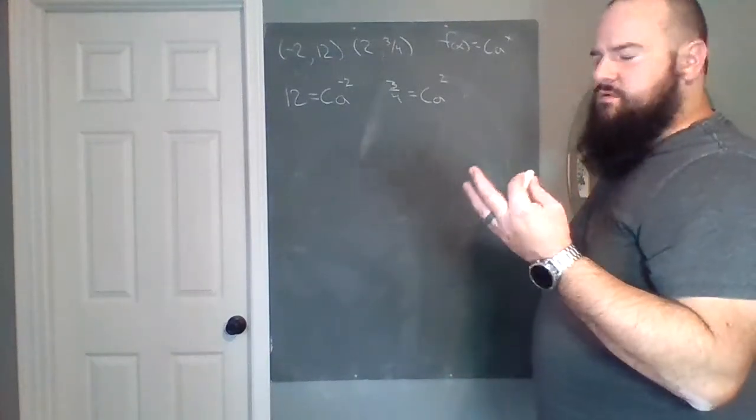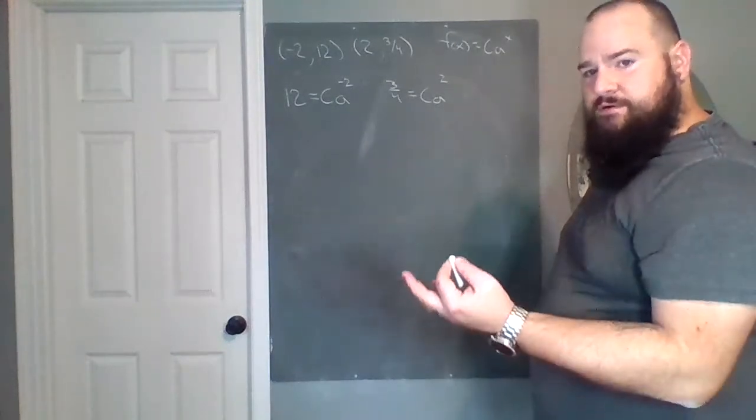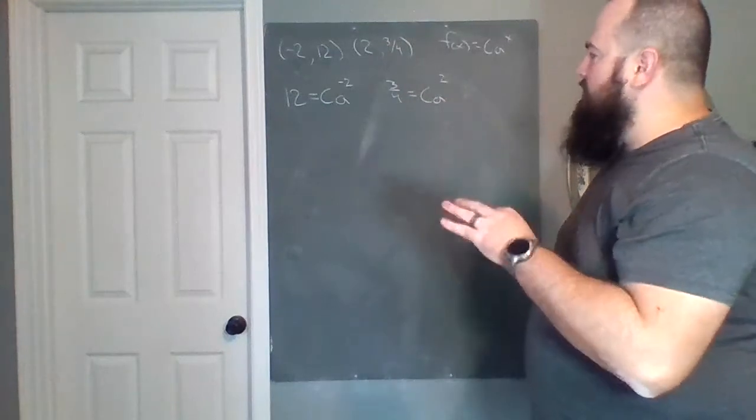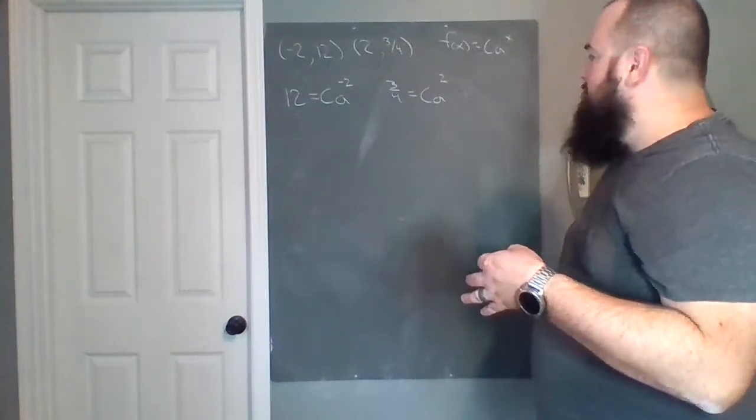What's the next thing? Well, I want to divide one of these equations by the other. I want to create that a over c equals b over d, and I want to do this in a way that things cancel out and work out nicely.